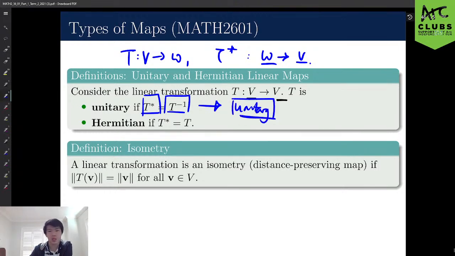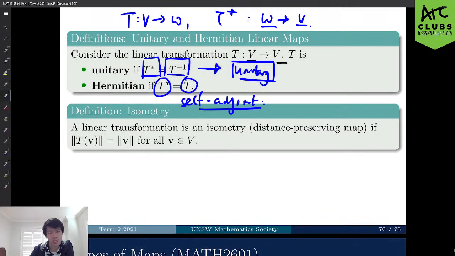And for hermitian, it's going to be self-adjoint, which means that the adjoint of t is going to be equal to t. So that's the idea of a unitary and hermitian linear map, because when we go from v to itself, then the adjoint will also be from v to v, which means that we have the possibility that t adjoint is going to be equal to t.